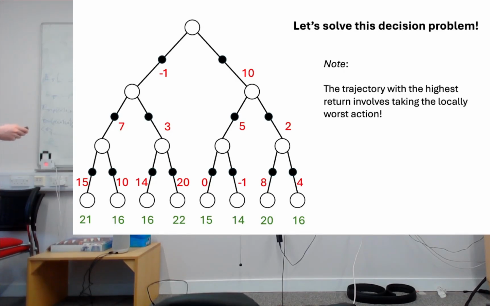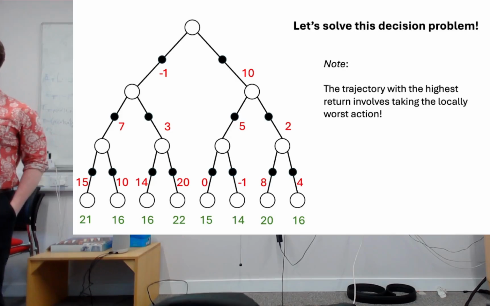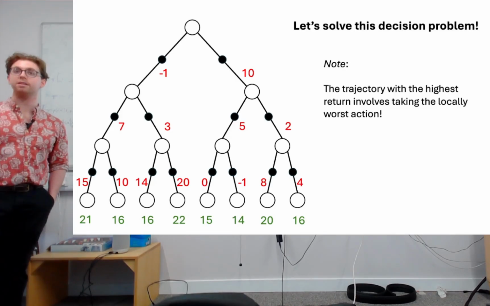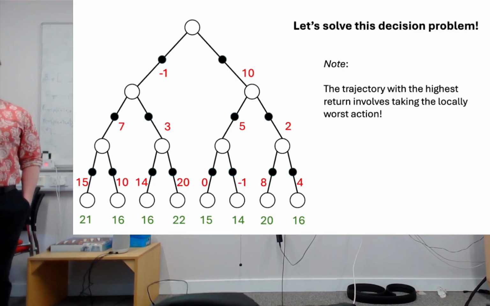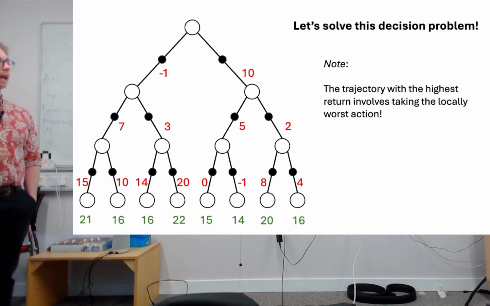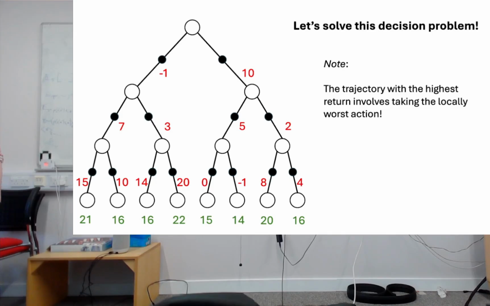The loss of reward from taking this action is made up for by the fact I end up in a better state. This is going to motivate what happens later, when we see that in considering how good something is, we need to consider both the local reward we're getting and how good the state that we end up in is. And this happens again here.